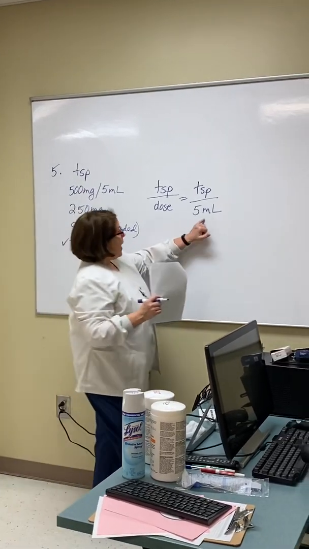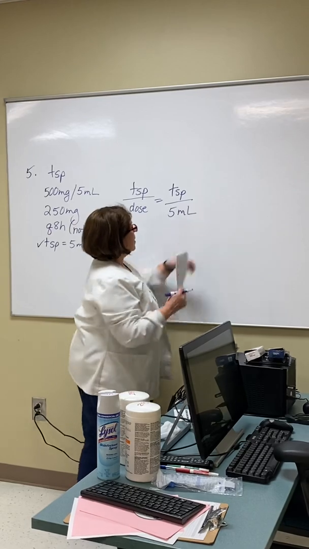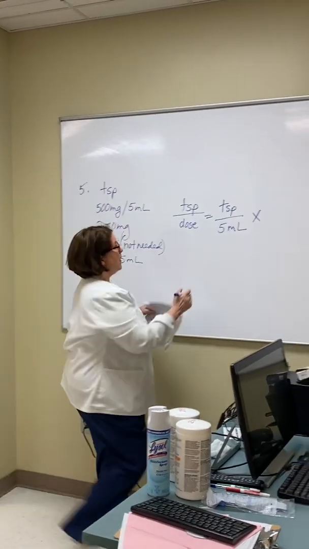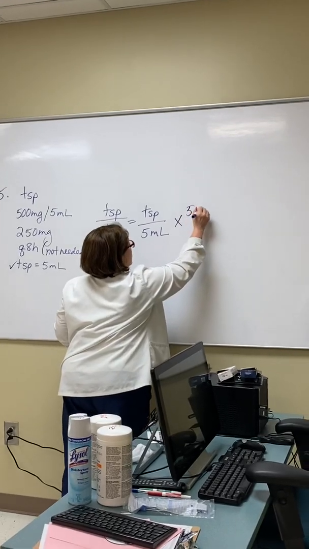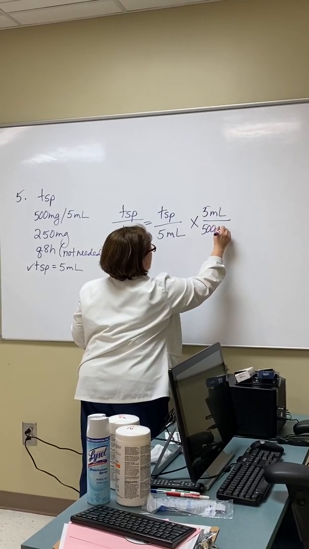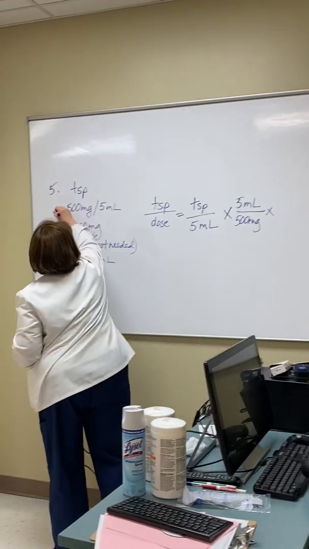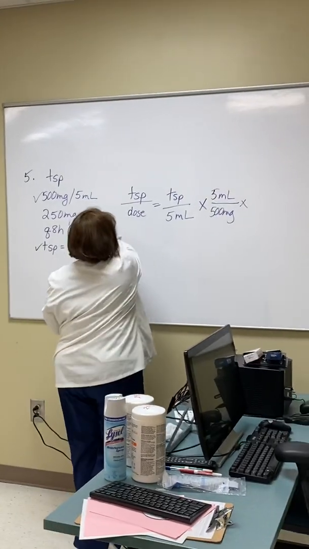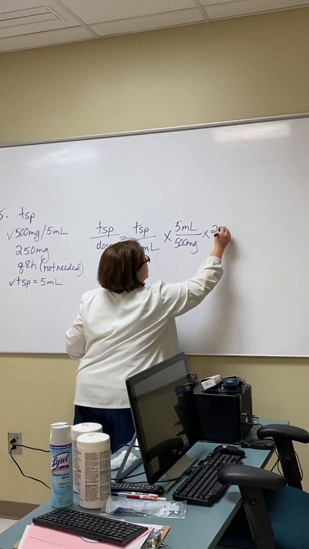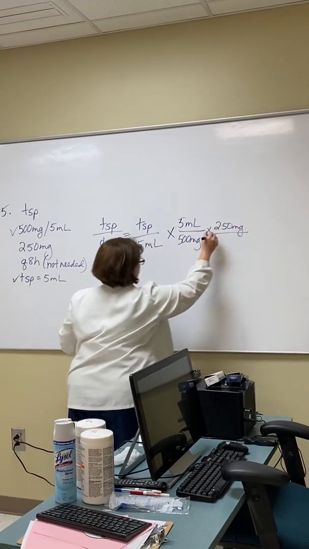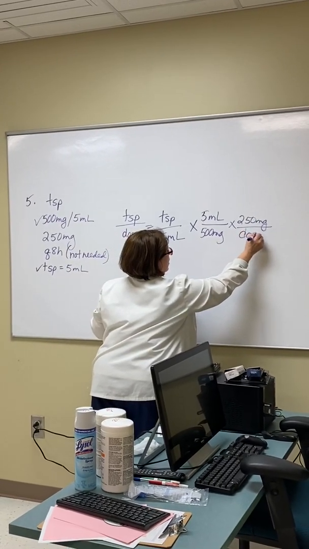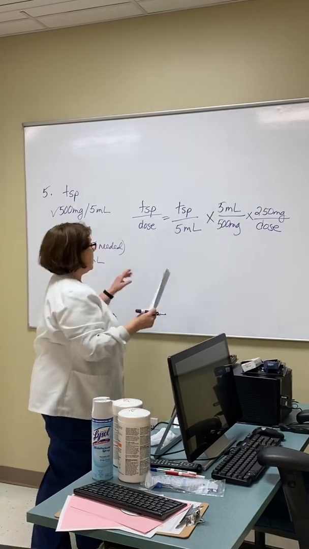Now, I have to have a match with mLs. I look over here, and there's an mL. 5 mLs over 500 milligrams. I've used that. I need another milligram. Well, there it is, 250. Diagonal match, 250 milligrams per dose. And that's how you set up this problem.